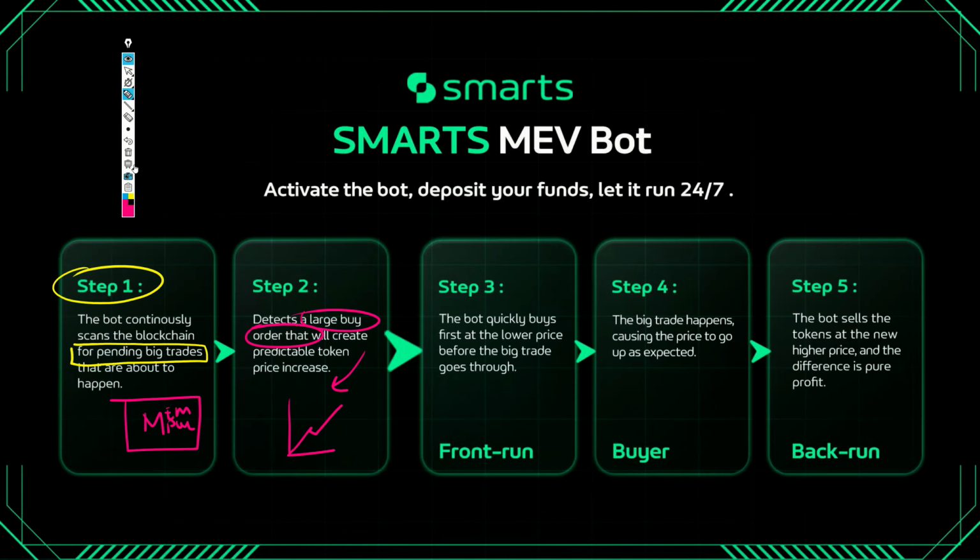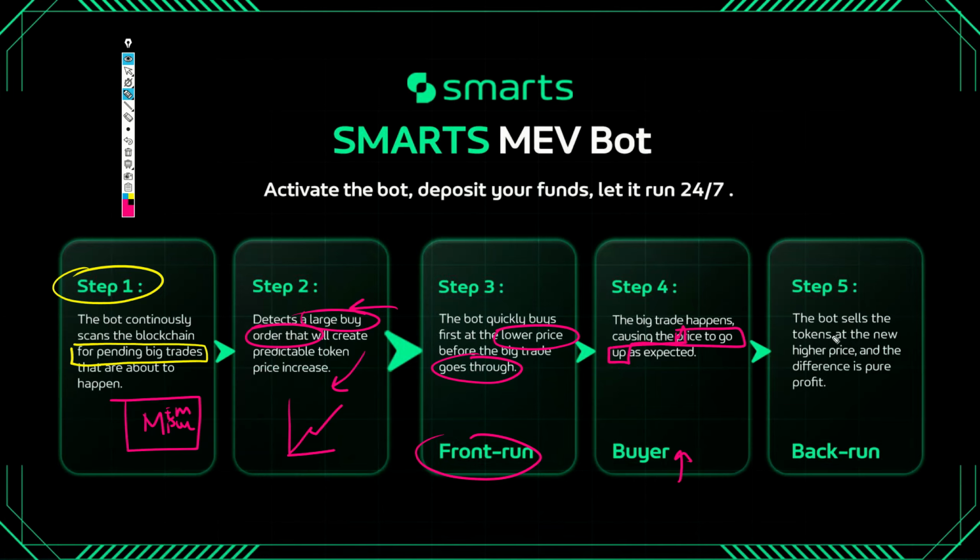Okay, until such a time that front run opportunities show up when the bot quickly buys at the lower price for that asset, and then when the big trade goes through and the buyers come in after the front running and the price goes up, we want it to go up.